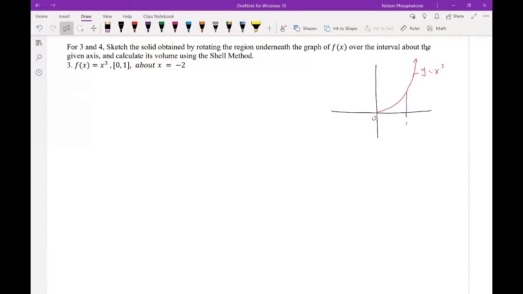Now I would like to rotate about, let me make this smaller, x equal to negative 2.